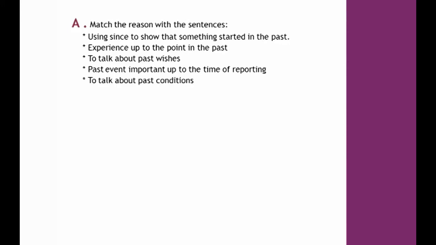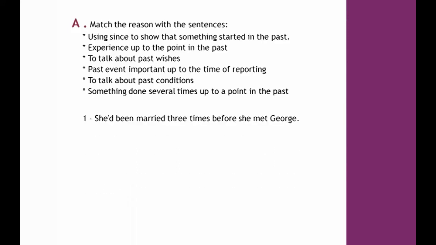To talk about past conditions. And something done several times up to a point in the past. Okay, we will use the phrases above, under letter A, to identify what the following sentences talk about.